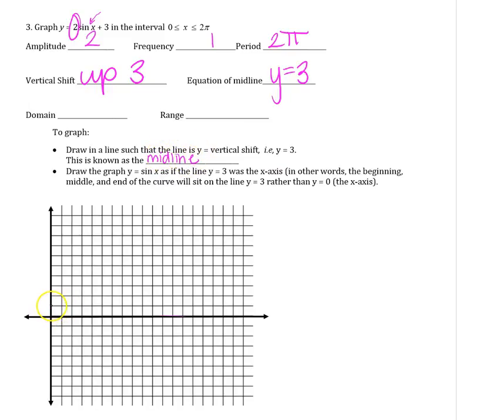Okay, so I'll do 1, 2, 3, 4, 5. Just kind of graph some stuff there. Here is going to be our midline. This is y equals 3. Now, along the x-axis, I'm going to label every 3 boxes as pi over 2.